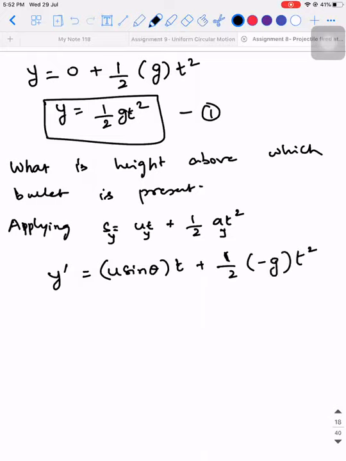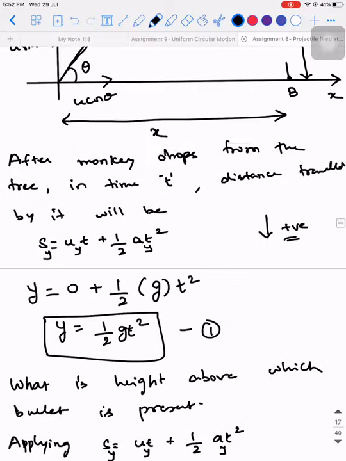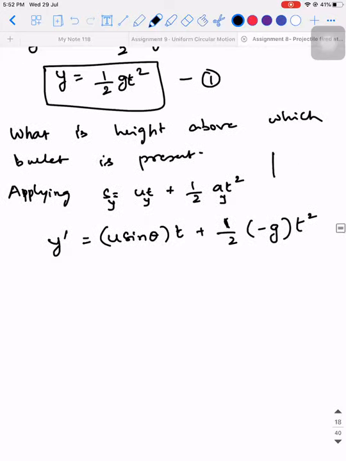Now tell me, why did I write minus? I wanted to apply both the conditions in the same way. When I solved the problem with respect to the monkey, I took the downward direction as positive. Whereas when I'm solving with respect to the bullet, I'm taking upward as positive and downward as negative. If I didn't take upward as positive, then I should have written here minus y dash.